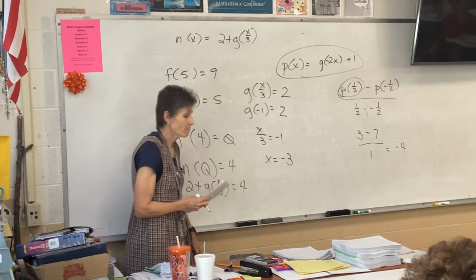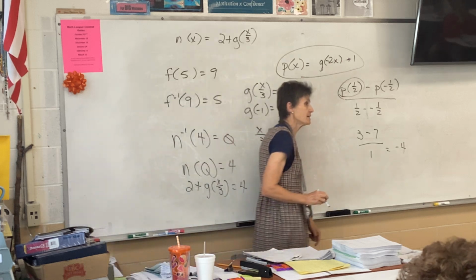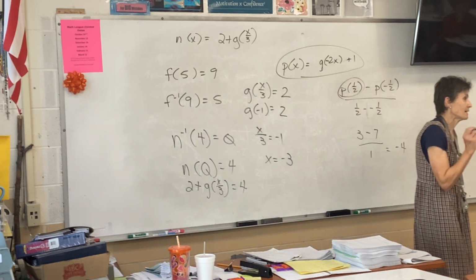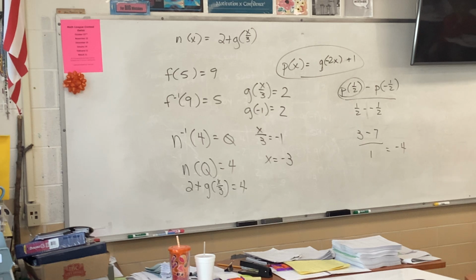So remember, if something is linear, when you start looking at your table of values, what has to be the case? If it's linear, it has to be generally doing what? Either all the y's are going up or all the y's are going down. Now that isn't to say there can't be a minor variation in there, but if you've got y's that are doing this, then it's not linear, right?